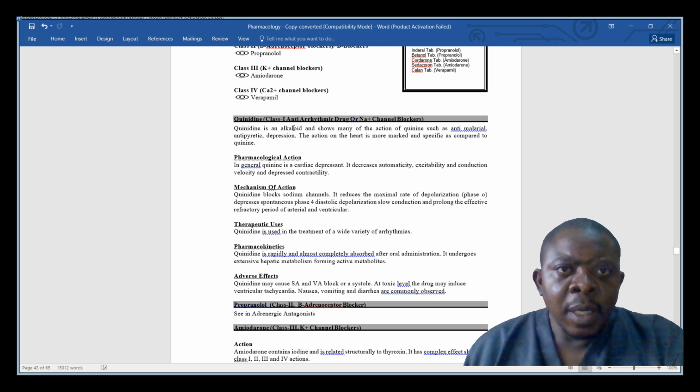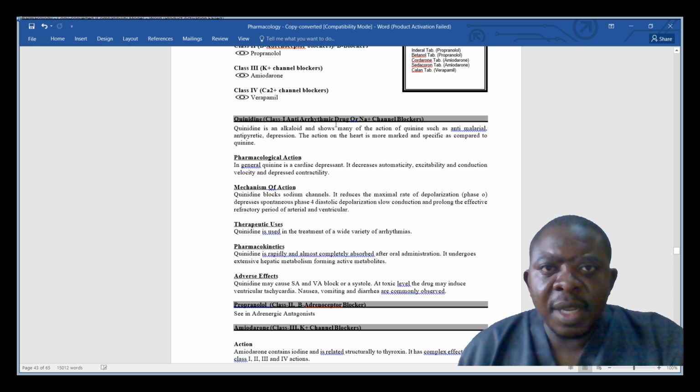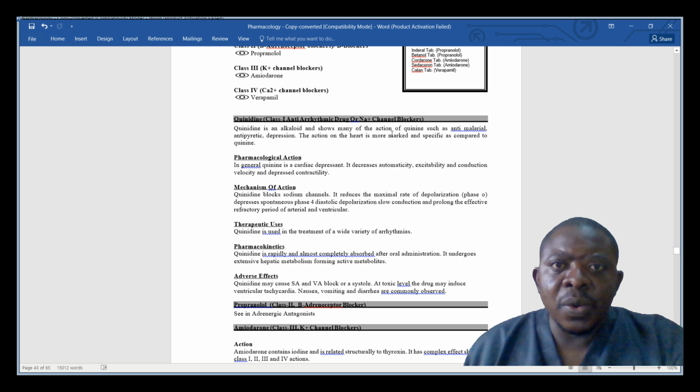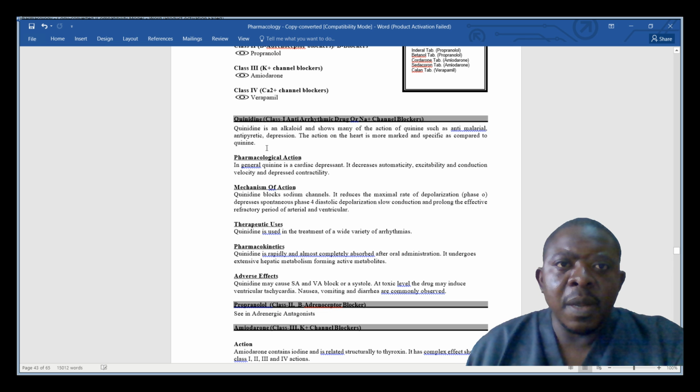Let us now look at class 1 antiarrhythmic drugs or sodium channel blockers, quinidine. Quinidine is an alkaloid and shows many of the actions of quinine, such as antimalarial and antipyretic actions.